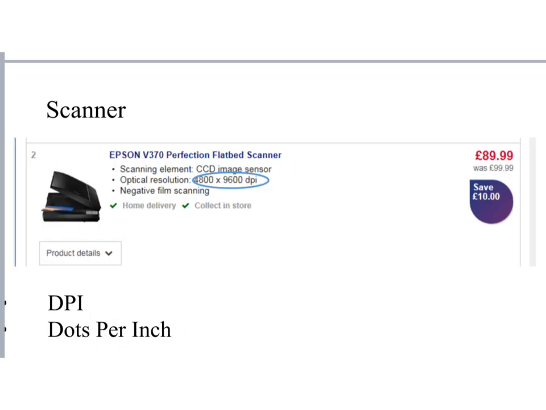Resolution isn't always in megapixels and can be measured in DPI, which is dots per inch. In this example, the scanner has a resolution of 4800 by 9600 DPI, which means it has that amount of dots per inch. Again, this is a good indication of the quality of the scanner. The higher the resolution, the more detail this scanner will be able to achieve.